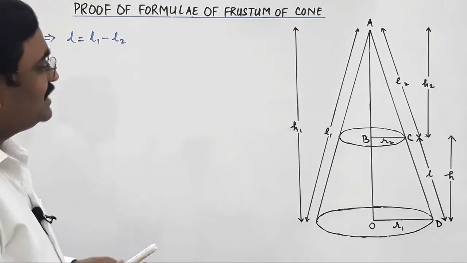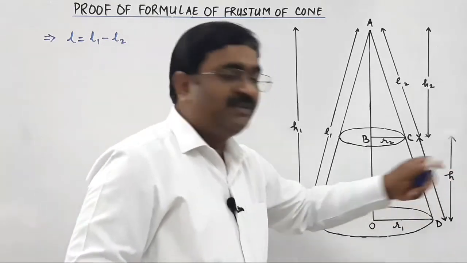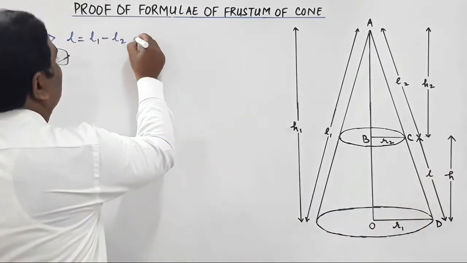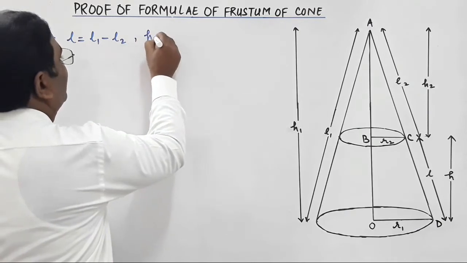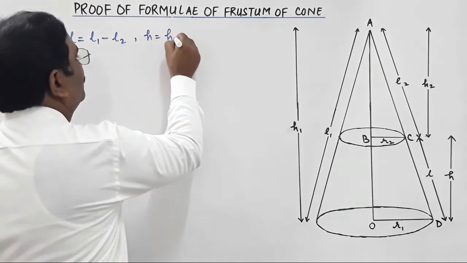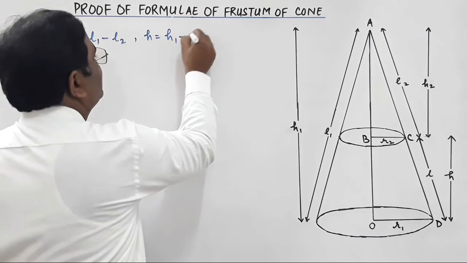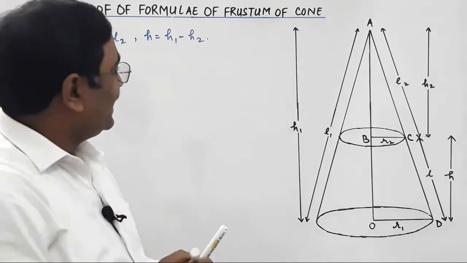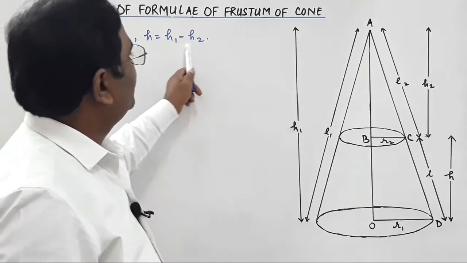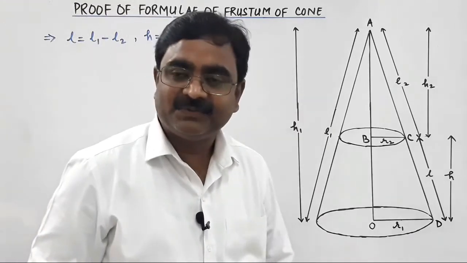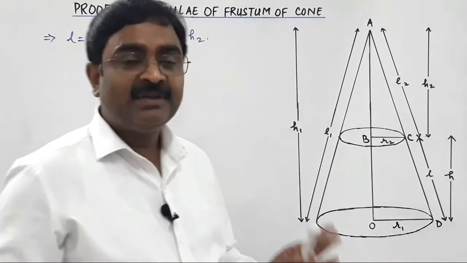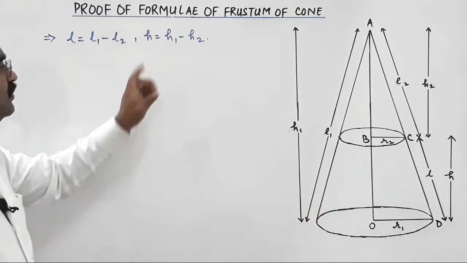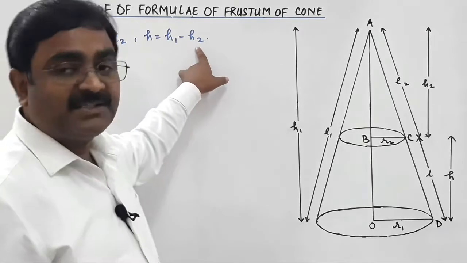Similarly, the height of the frustum of cone H is equal to the height of the big cone minus the height of the smaller cone. Understood? So H is equal to H1 minus H2. Any problem? Right. As you got L is equal to L1 minus L2, H is equal to H1 minus H2.